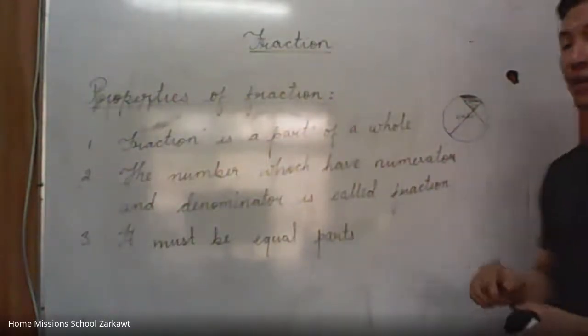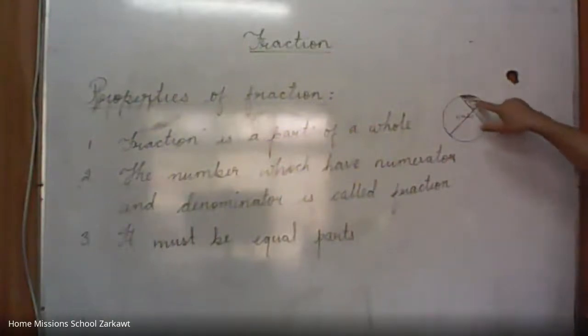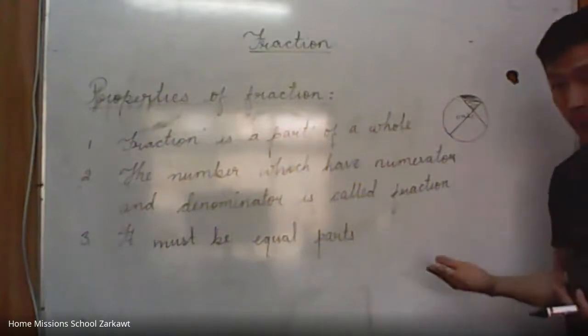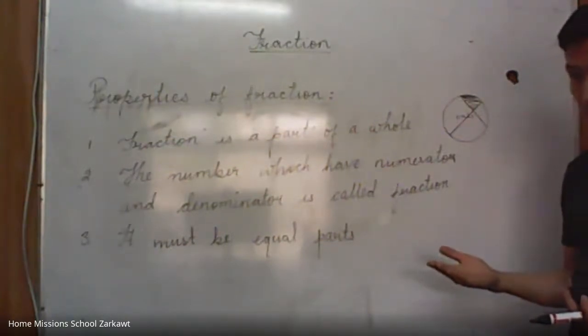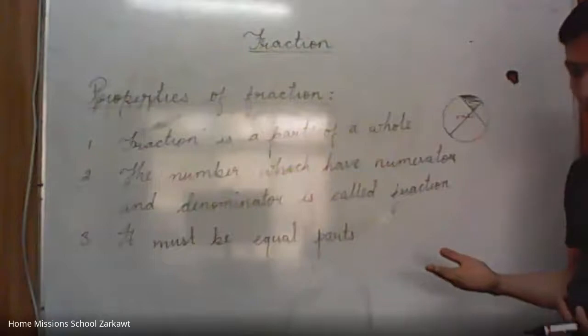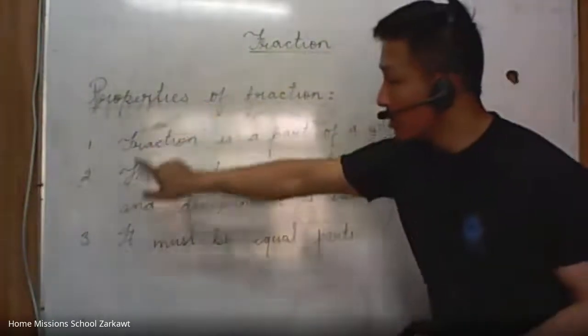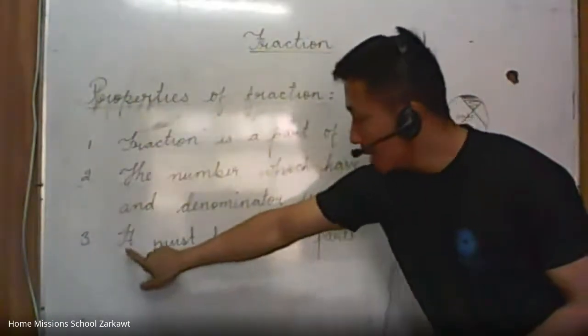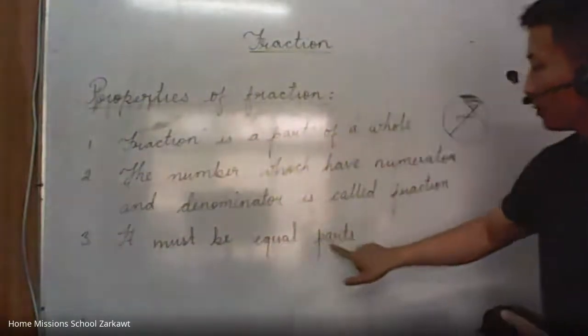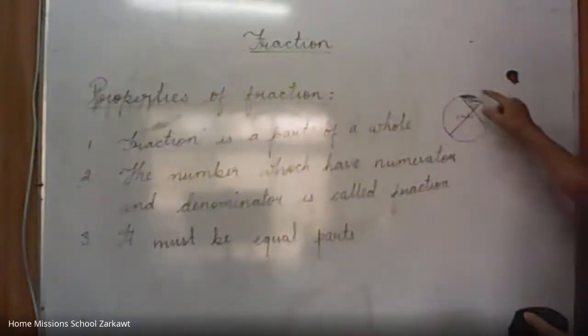Okay, we can write this as a fraction. Because of what? Do you know? Okay, because of the third property, it must be equal parts. Okay, they are not equal parts, isn't it?